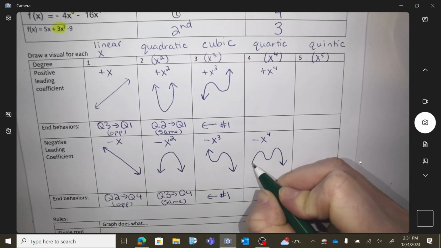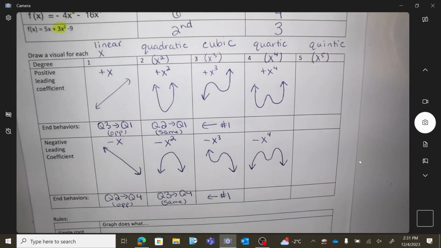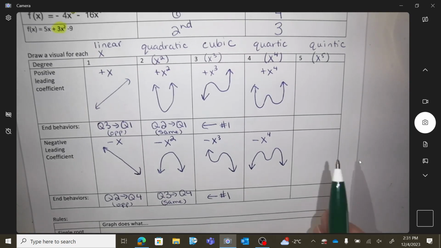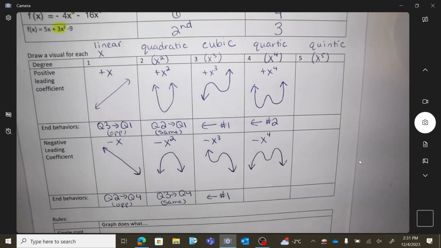This one is a W, because the arrows have to go up, right? If it's positive, the arrows will go up. Okay, are you okay if I write the end arrows would now be the same as a second?